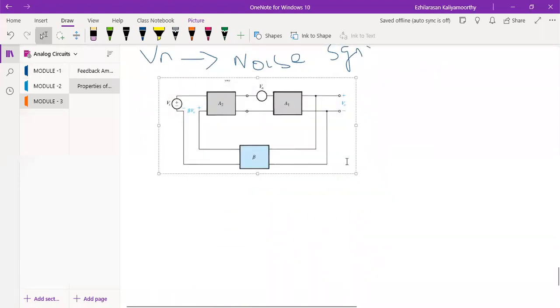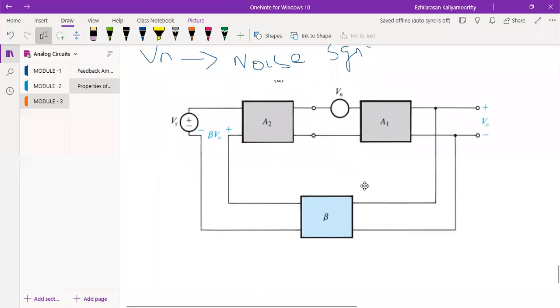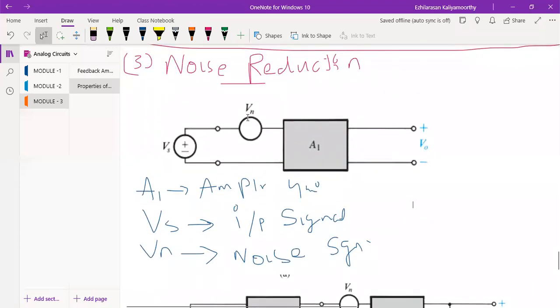After the input signal, this is Vn, this is your Vs. This will be your amplifier gain, so the input signal along with the Vn is like a mixture, that is, the noise is added over there. What will happen is your output signal will be an amplified version of the noise also. Just you can see here, before the forward amplifier the noise is added.